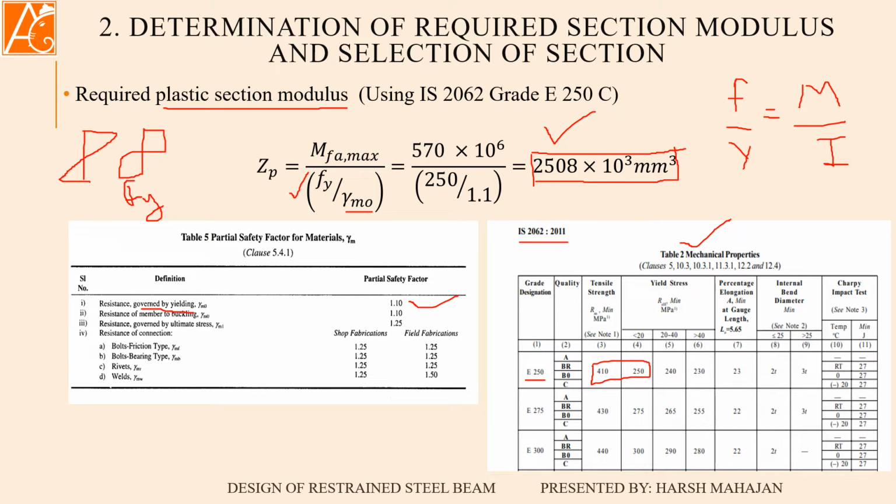It depends on the maximum thickness of the structure. So we are considering that the maximum thickness will be less than 20. That's why we are considering Fy as 250. So you can write it like this, that we are using IS 2062 grade E250 quality C.